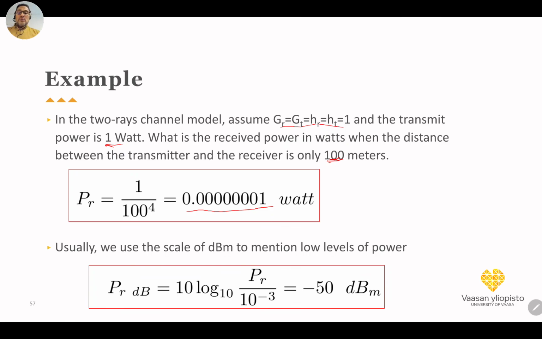So usually we take the received power in dBm, and in dBm we take 10 log base 10 of the received power, and we divide it by 10 to the power minus 3 to convert it to the m. It means dB per milliwatt, because 10 to the power minus 3 is 1 milliwatt. So we divide them, and we get minus 50 dBm. Minus 50 dBm means minus 50 dB relative to 1 milliwatt.